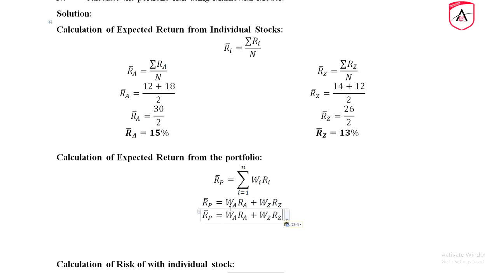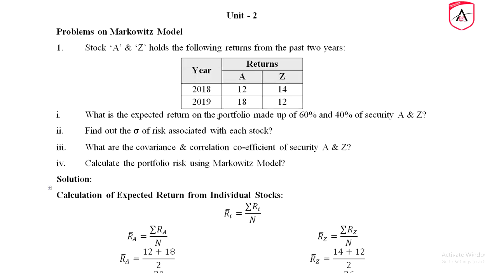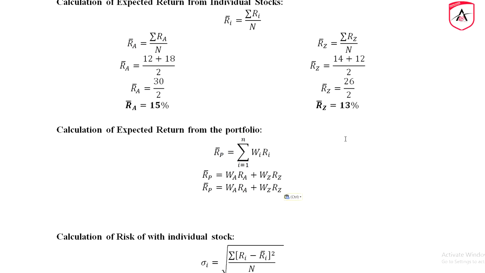So in this question, if you observe, he says the portfolio is made up of 60% and 40%. 60% in stock A and 40% in stock Z, which means to say that Wa is 60%, that is 0.60, and return from stock A is what you have found out here.